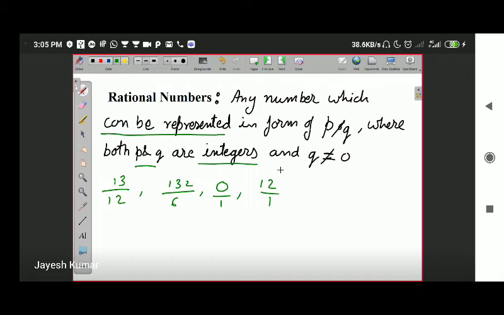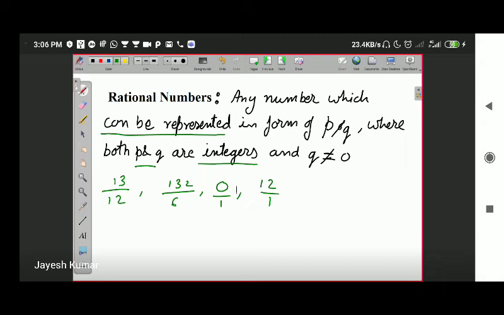The numerator cannot be a number with decimals or a square. It cannot in itself be a fraction, mixed fraction, or any other type of fraction. If the numbers are in the form of p by q, where p and q are integers and the denominator q is not equal to 0, then they are called rational numbers.